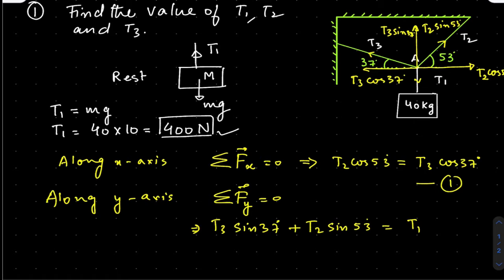Here you can see these two forces are in the upward direction, right, and T1 is in the downward direction at point A. So we need to solve these two equations. As we know the value of T1 equals 400, we can calculate these two equations simultaneously. This is our second equation.